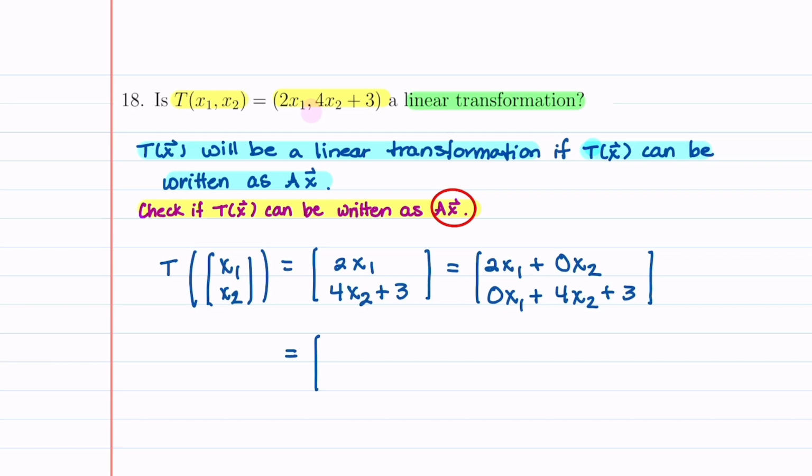So what we're going to do is create a matrix A that multiplies x1, x2. When we look back at this matrix, we can see that our A is going to be 2, 0, 0, 4. And then we have this extra component. So what we're going to do with that component is add on a vector 0, 3.